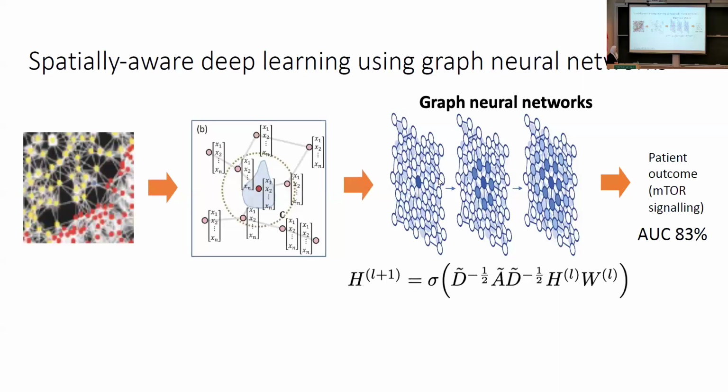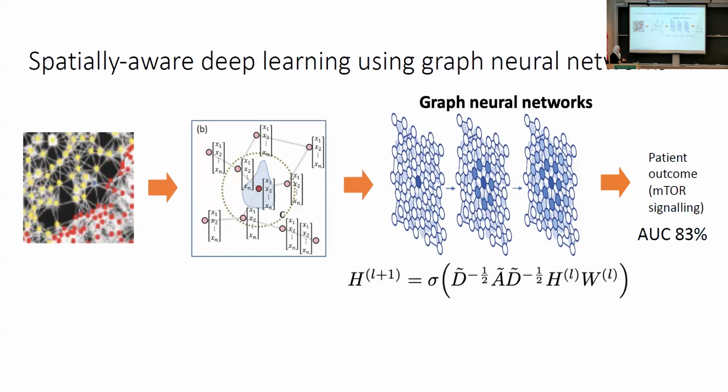And we train the network to learn a certain outcome. Here, we were looking at the patient outcome and a certain signature that I will not explain in much detail. But by doing that, we can learn the weights, which is very important because it starts telling us about the importance of these different cells to the outcome we are looking at.